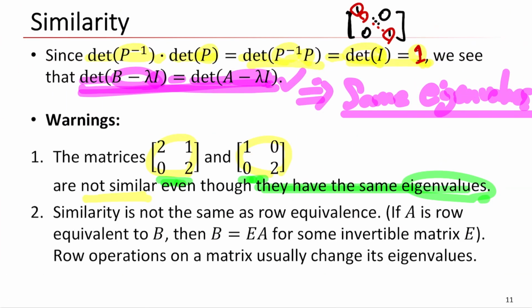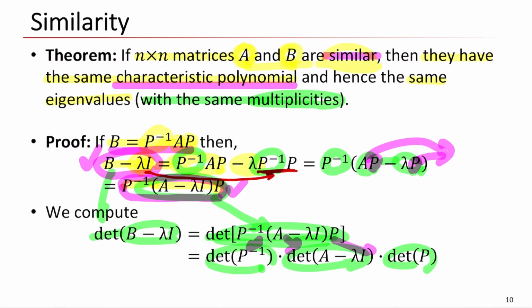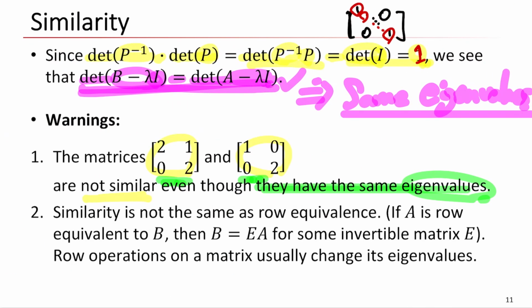It means that this direction is true, but the converse is not true. Even though they have the same eigenvalues, they might not be similar, right?